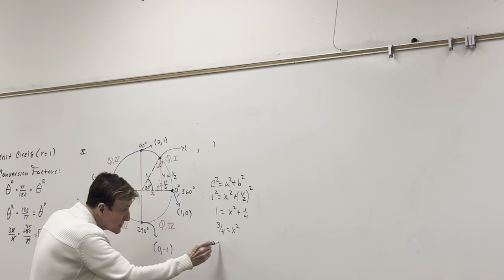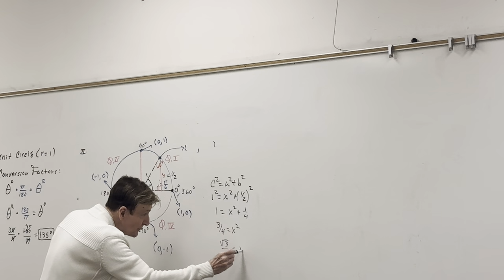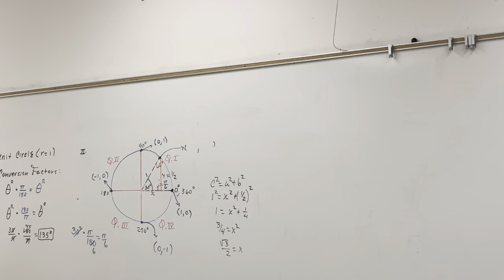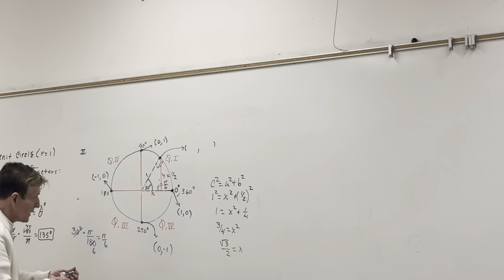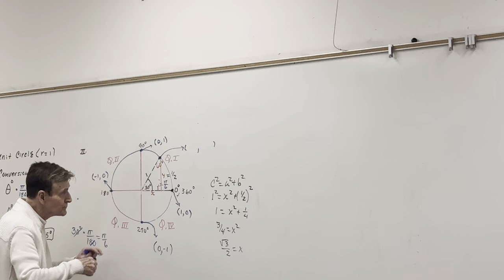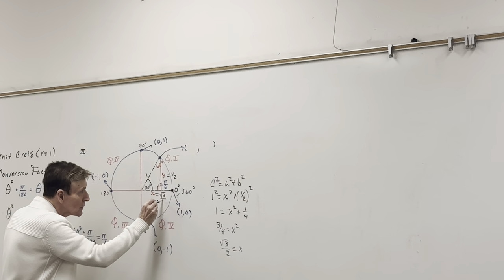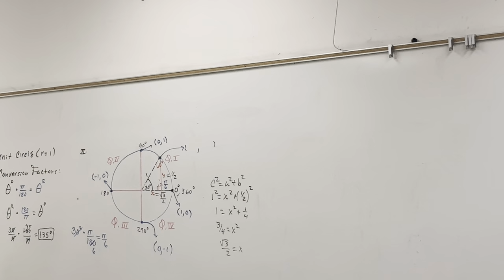Do a square root, you end up with radical 3 over 2. That goes here. Put in black. This now is radical 3 over 2 with the help of the Pythagorean theorem.